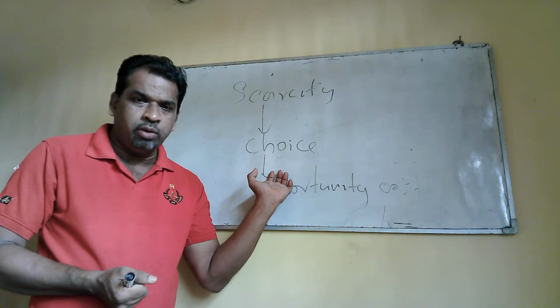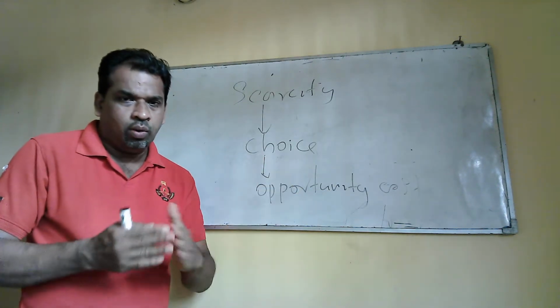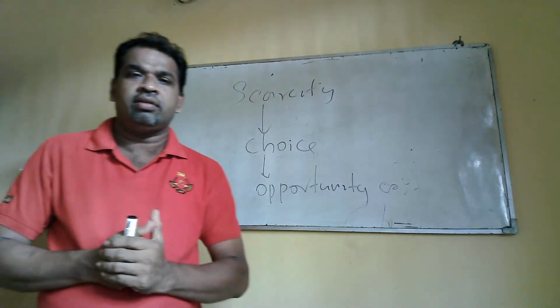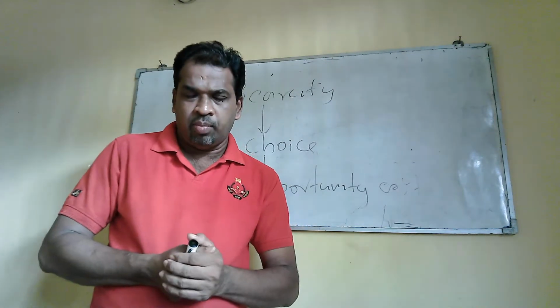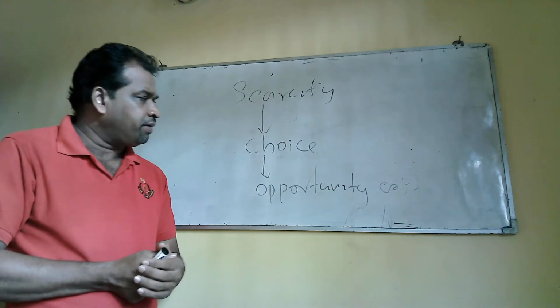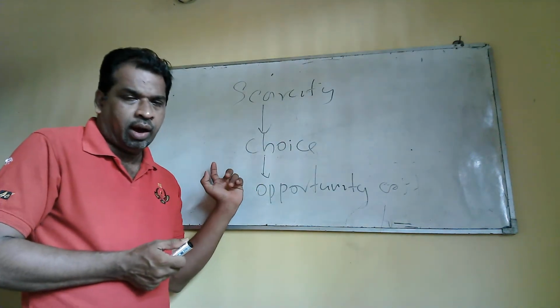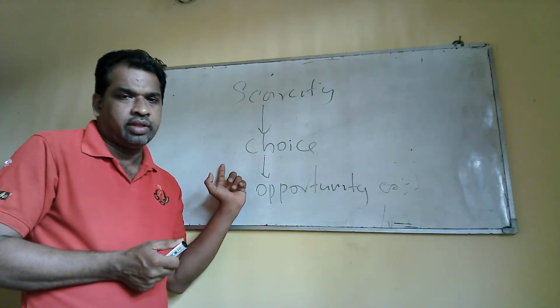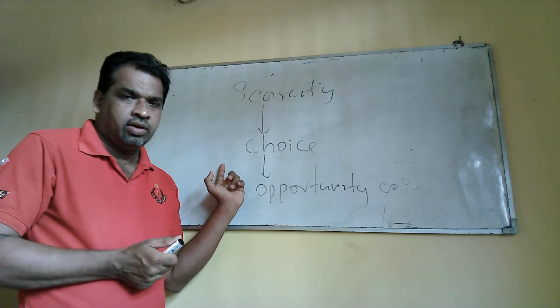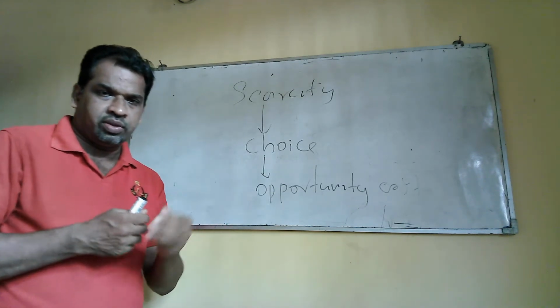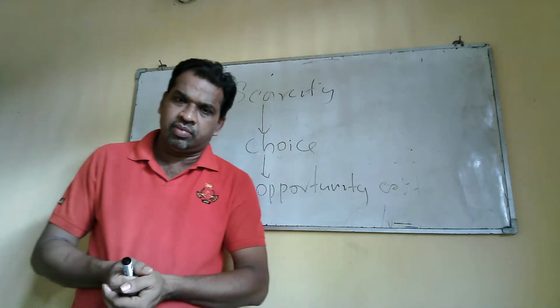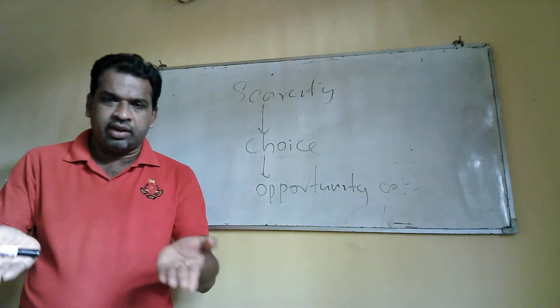Then, what do you mean by a want? Want is a thing which is not essential for us to survive. For example, if you take a house, that is a need, but we can take a luxury house, it is not a need. It comes under want.